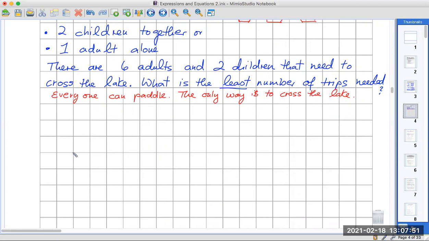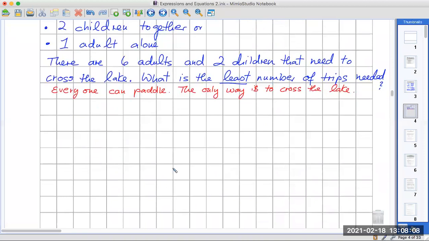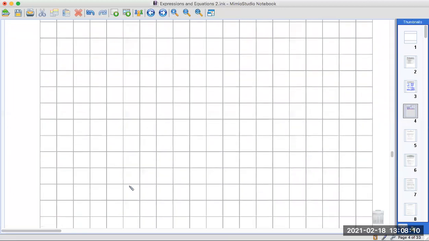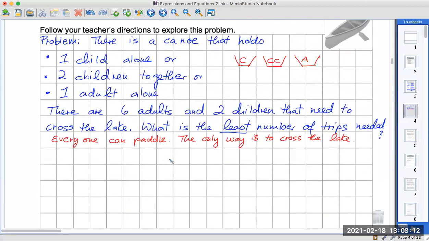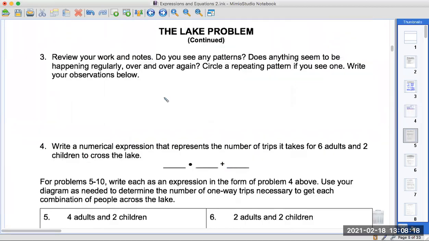You can use arrows to go back and forth to show which. So you start, they're all on this side, and then you're going to ferry them over across, go back, ferry them over, and who's in your boat? That's what it is. Who's in your boat each time you cross? And so you can figure out how many trips it will take to get everybody over the lake. Okay, hopefully you understand that.